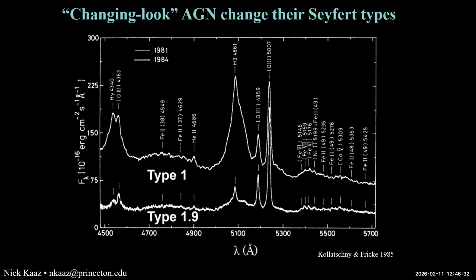Clearly, your viewing angle is not changing, so something else must be happening. And as I mentioned earlier, the reason the broad emission lines are there at all is because you're photoionizing this gas from the central engine. So what people think is that if you turn the central engine off, you have to turn these broad emission lines off too. And so that's the connection, okay?